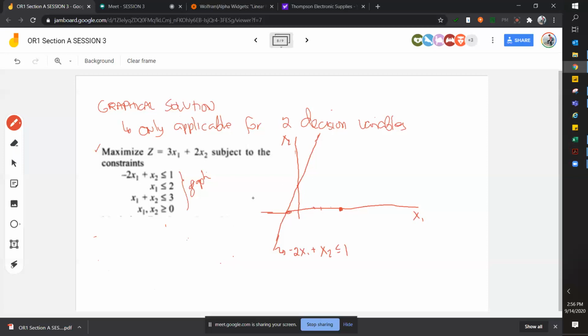Okay. Medyo pangit ng ating graph. Hold on. Ang hirap niyang i-graph. Hold on. Okay, so seems like uulitin ko na naman yung pag-graph natin.